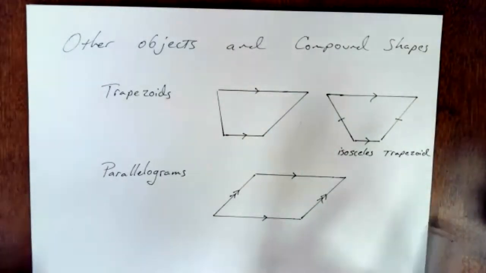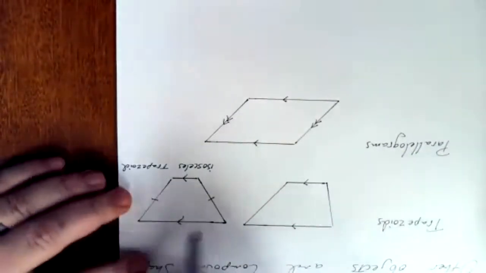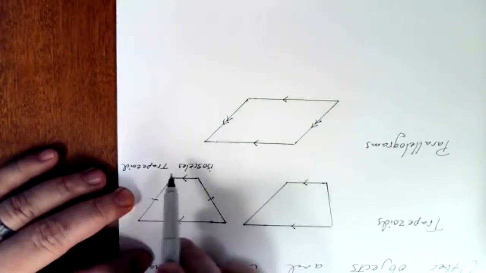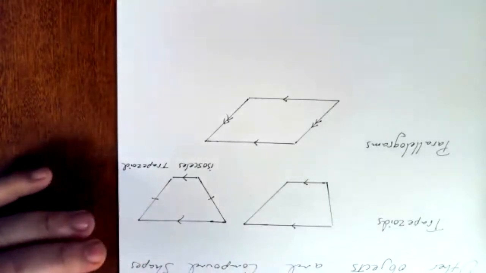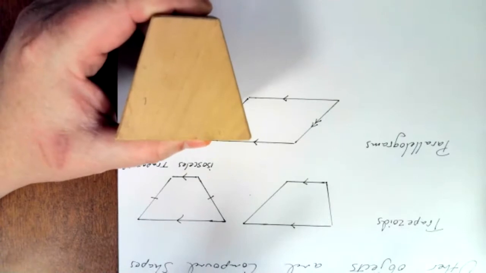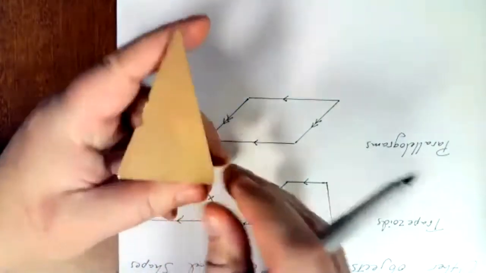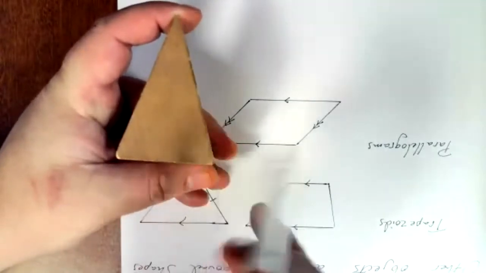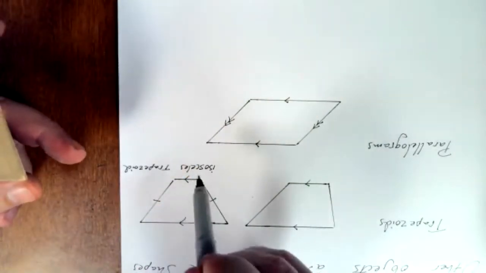You can think of it, if you'll let me turn this upside down for a moment, as an isosceles triangle that had the top chopped off. Something that looked like an isosceles triangle, and then I just chopped off the top, and you would have a shape that looks like that.